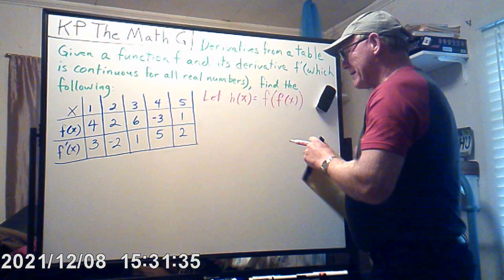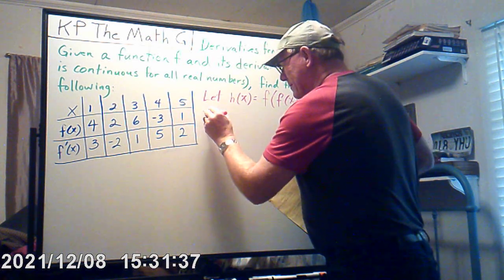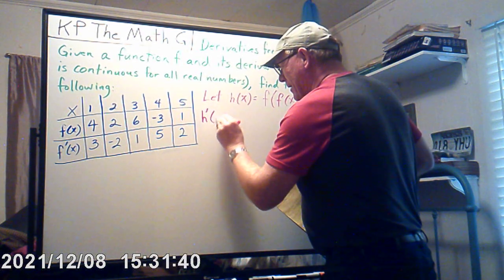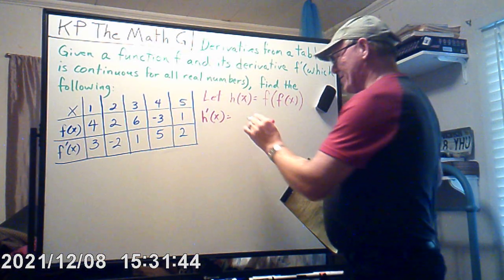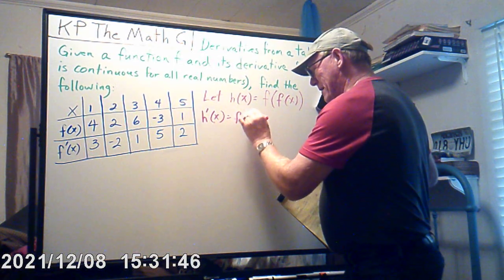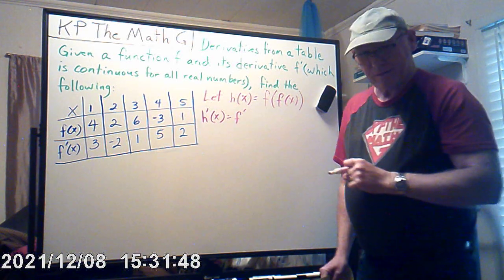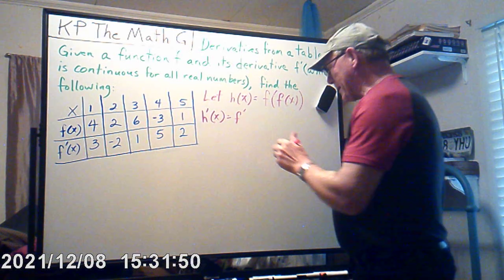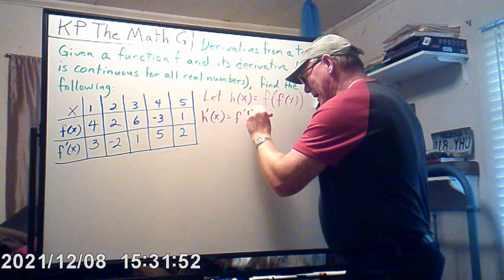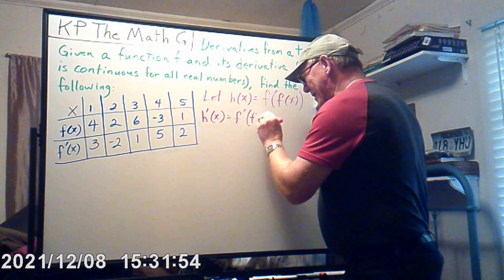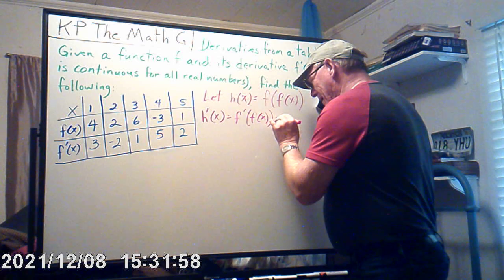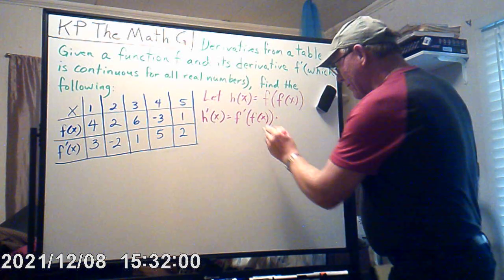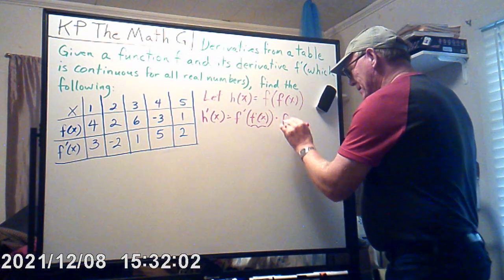Alright. Now, h prime at x. That's f prime. Took that first derivative, didn't I? Work on the outside, leave the inside alone, and then times the derivative of the inside.